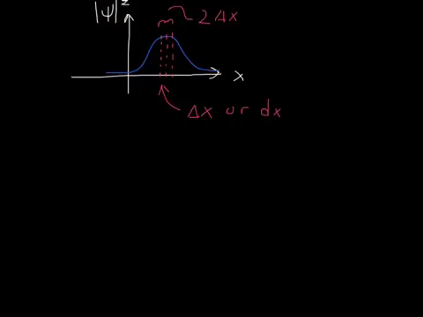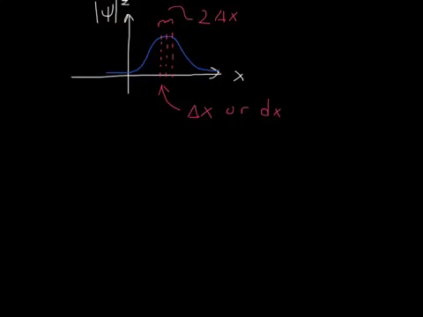And the answer is no. The more region of space you look at, the higher the probability that you're going to find the particle. In the extreme case, if you looked for the particle sort of anywhere on the x-axis, you're going to find it. It's somewhere on the x-axis. If you only focused your attention on a very small region of the x-axis, there might be some probability you're going to find it there, but it's going to be much smaller than if you had looked over a much larger region on the x-axis.